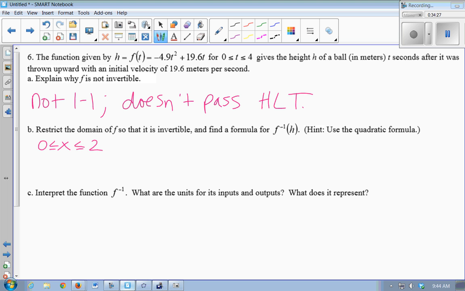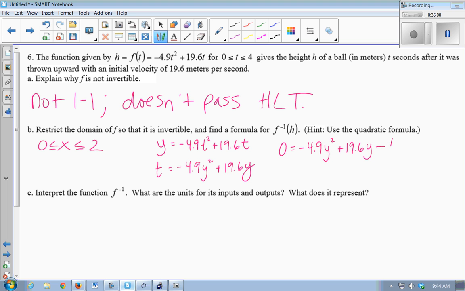And then to find the inverse function, replace f of t with a y. Replace all the y's with t's and all the t's with y's. And then I have to solve for y. Okay, so I'm going to move the t over, and I get 0 equals negative 4.9 y squared, and use the quadratic formula, right?